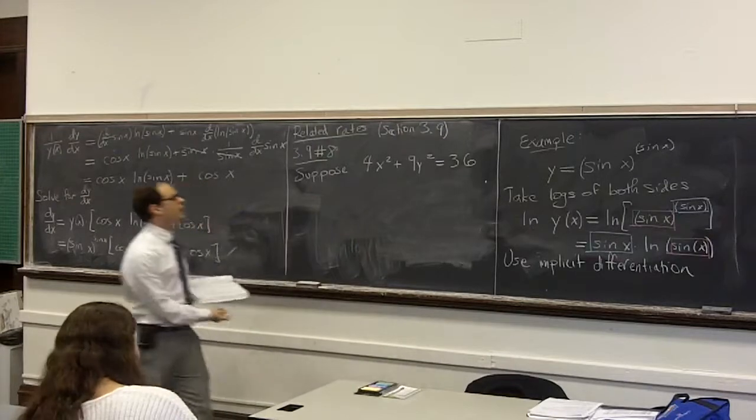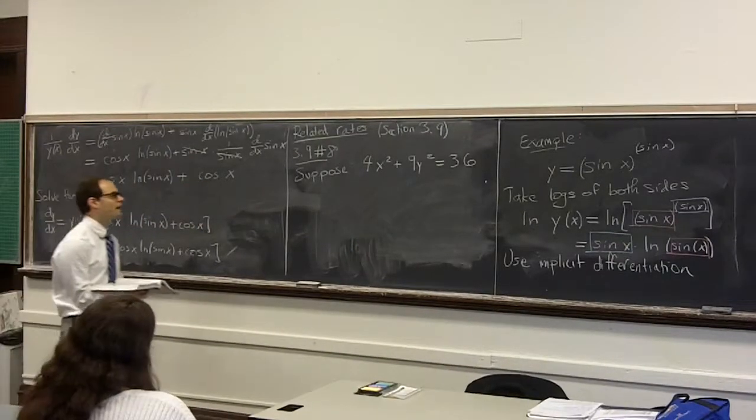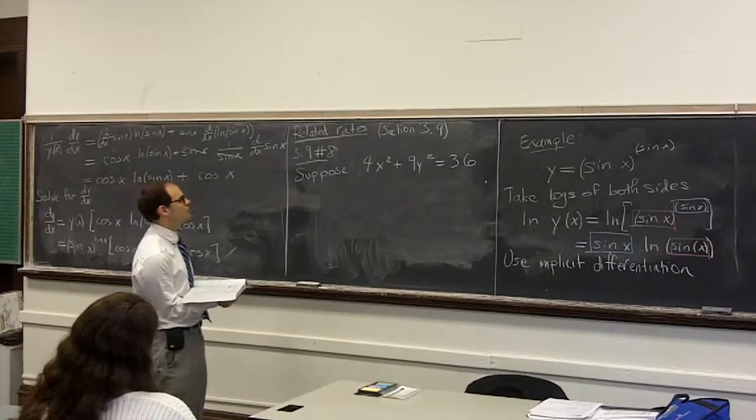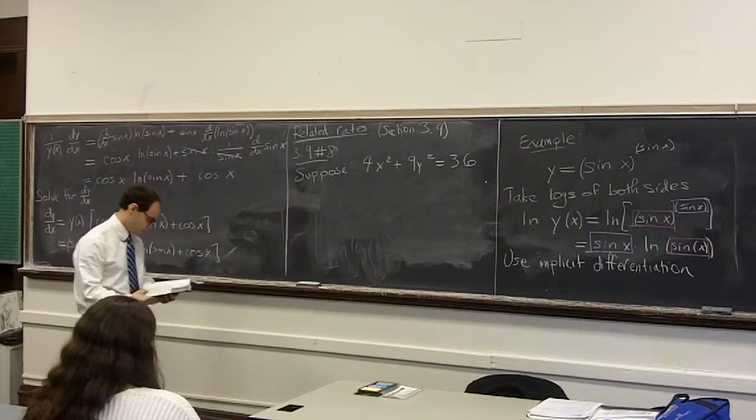So suppose x and y are related in this way. So there's some kind of functional relationship between x and y, at least for some choice of values. Although maybe in general there might not be. This might just be a relationship.